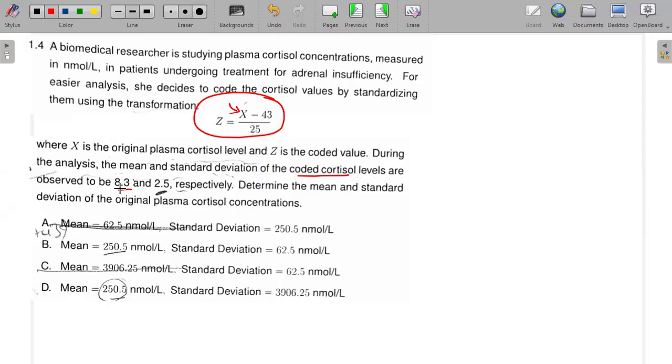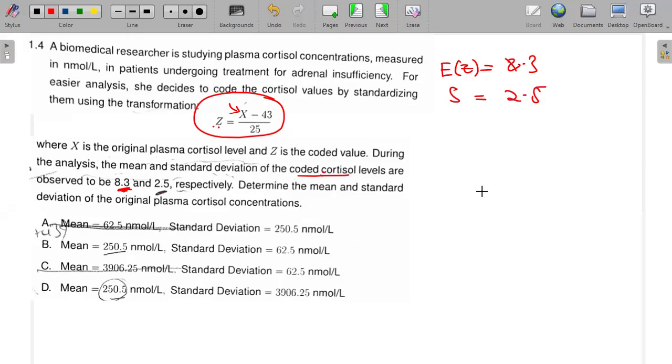Okay, so this is the mean of the coded cortisol, which is this Z. And this one is the standard deviation for this coded cortisol. So I'm going to say the expected value of Z is equal to 8.3, and the standard deviation of Z is equal to 2.5.